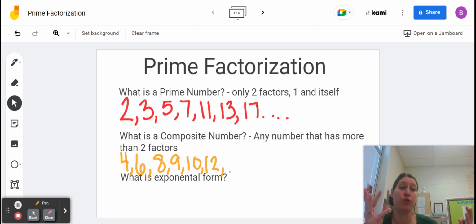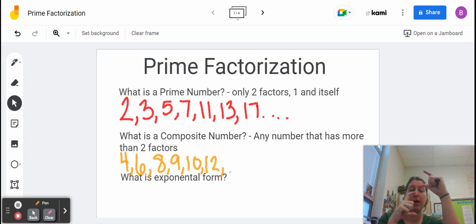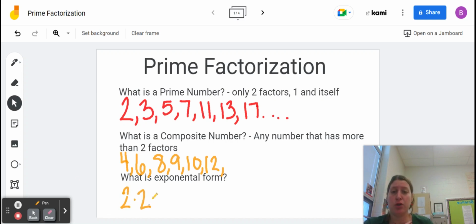understand exponential form again. So if you remember, exponents is when I have a base number with a small number above it that is a multiplication problem of consistently multiplying the same number together. So if I have 2 times 2 times 2 times 2, I can write that by condensing it and making it smaller by putting an exponent.